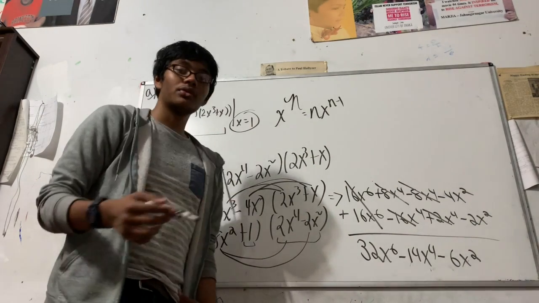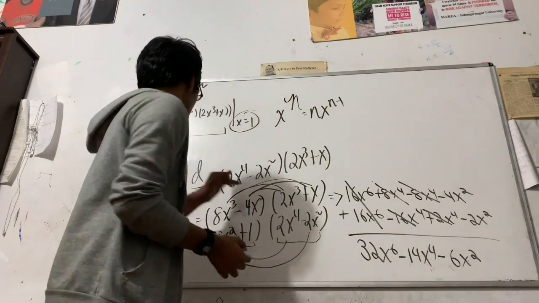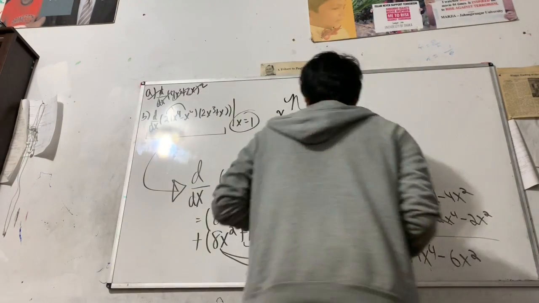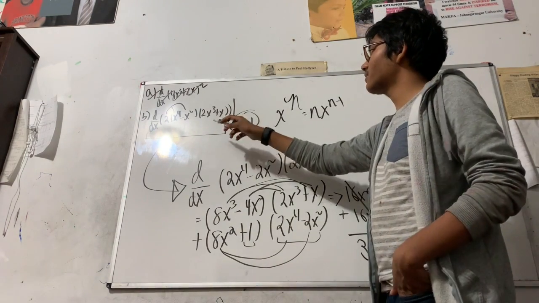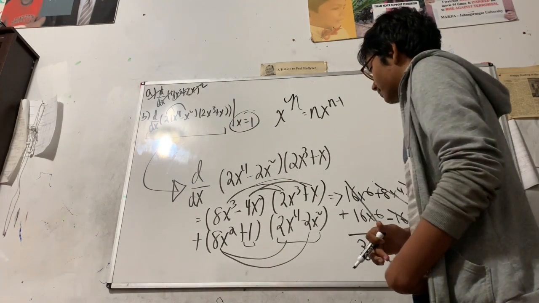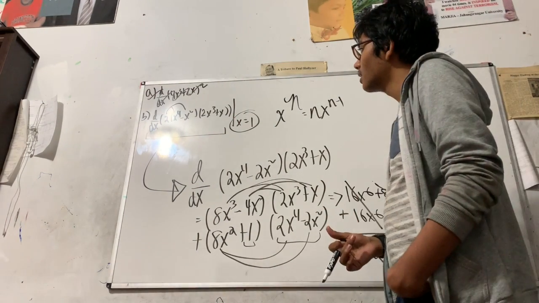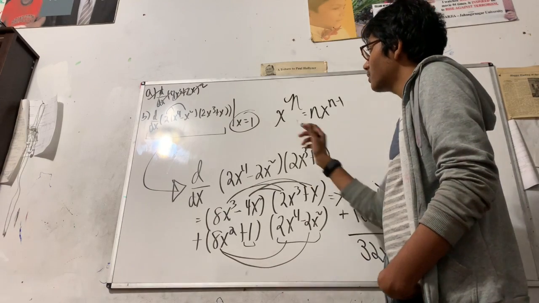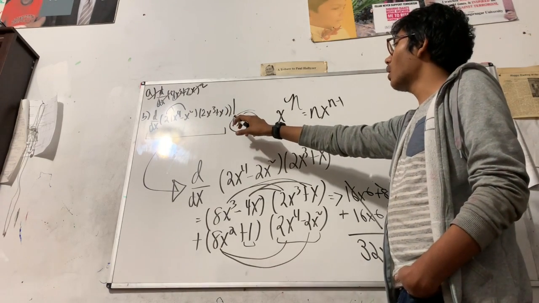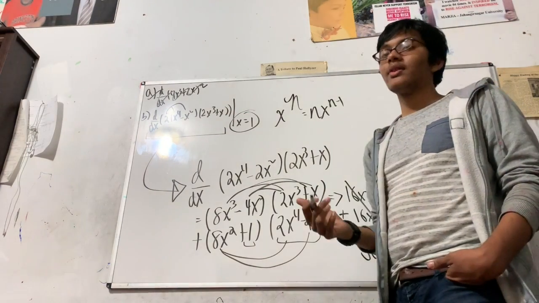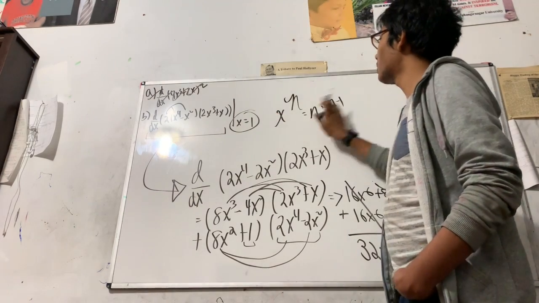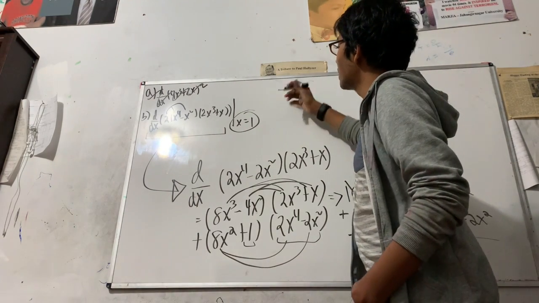And remember, we're trying to find the equation of the tangent line of this function at x equals 1. So, first thing we're going to do, we're going to plug in 1 into this function so that we can find the y-coordinate of this point. So let's go ahead and do that.